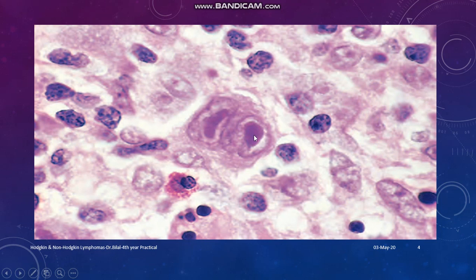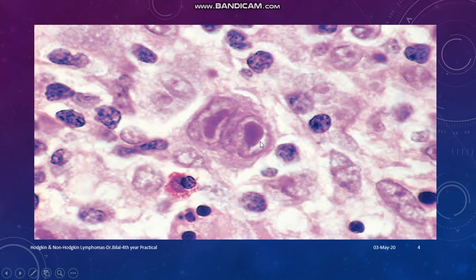So a multinucleated cell, two nuclei here, which are classically described as mirror images of each other. Not necessary in every case, but yes, in many cases they are. You can see the eosinophilic cytoplasm here.